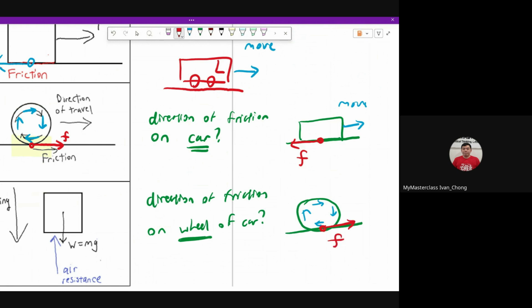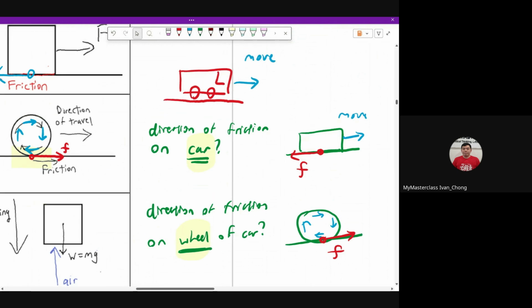Your friction will be to your right. So how do you know what question to answer? It is the object that we are focusing on. Is it the car or is it the wheel? If they ask you for the entire object, just treat the entire big object as one big box. Then you just need to know, are you moving to the right? Are you moving to the left? My friction will always be opposite to that motion itself.